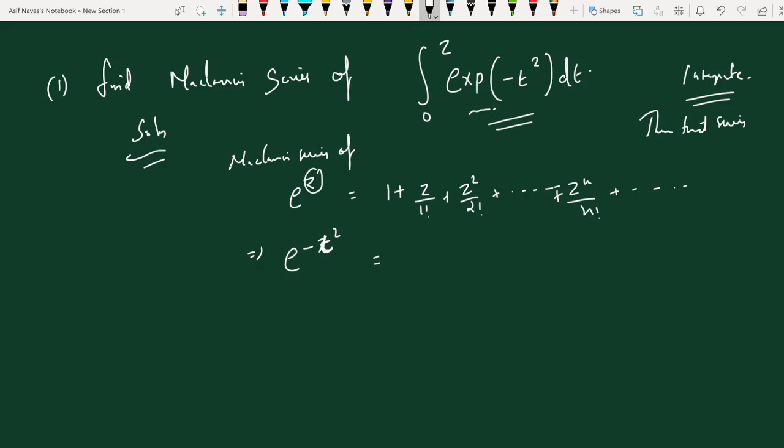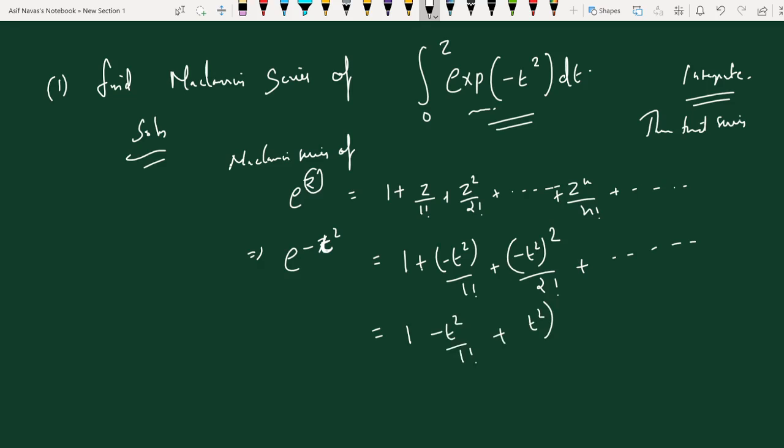Instead of z, I am putting minus t square. So 1 plus minus t square by 1 factorial plus minus t square all squared by 2 factorial plus etc. So you will get 1 minus t square by 1 factorial plus t square all squared by 2 factorial minus t square all cubed by 3 factorial plus etc.